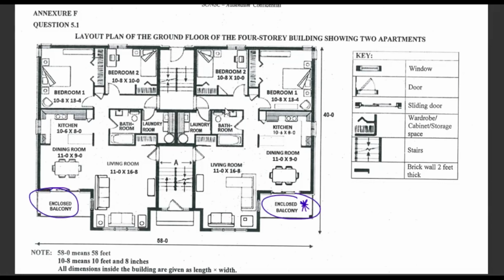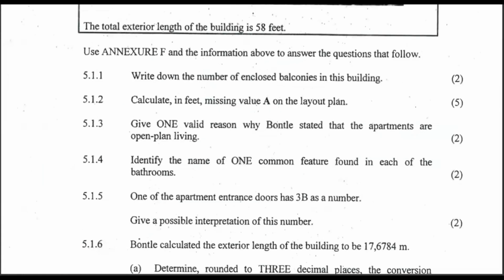So if there are 2 on the first floor, which is the ground floor, and she has 8 flats, that means we shall have 8 enclosed balconies. There are 8 enclosed balconies.